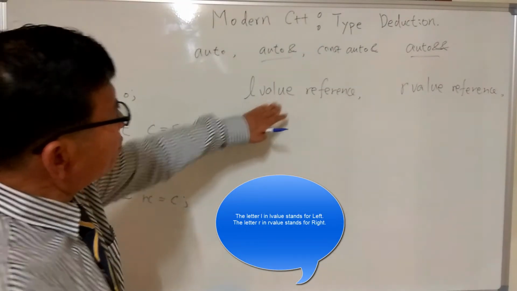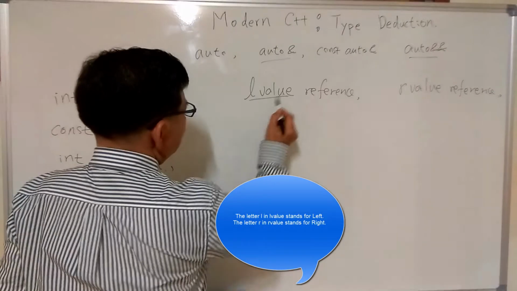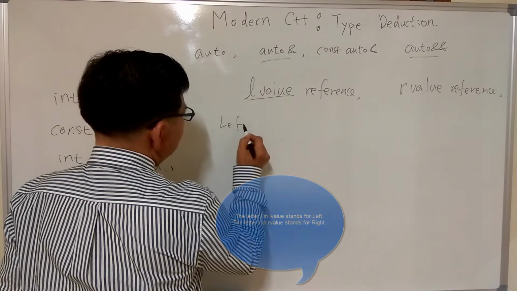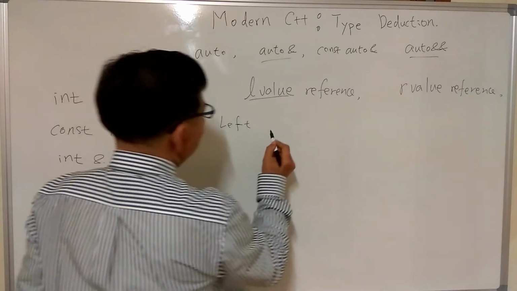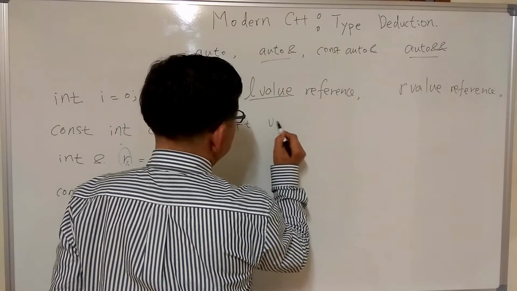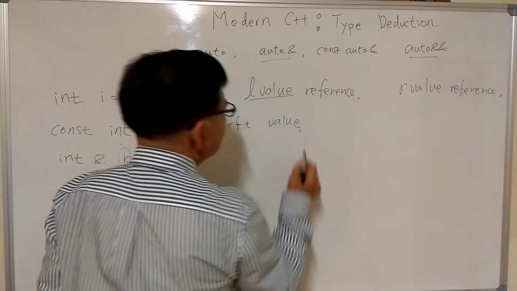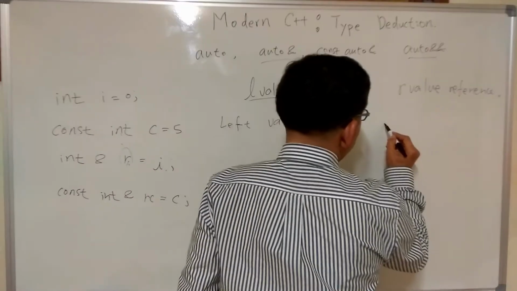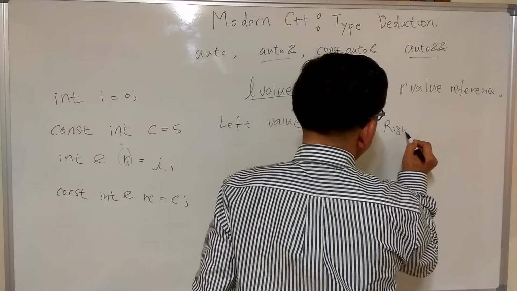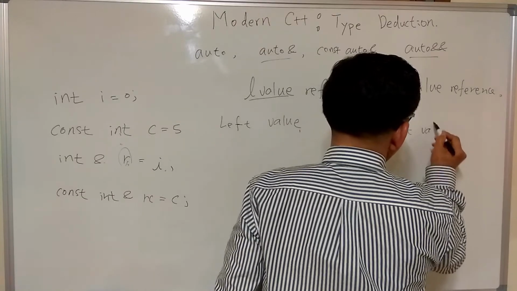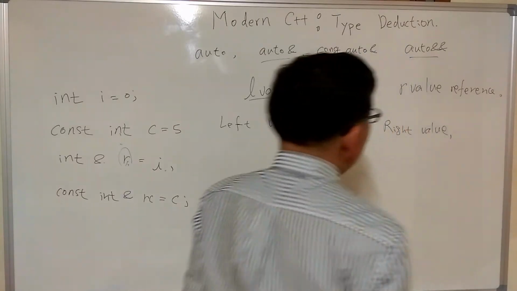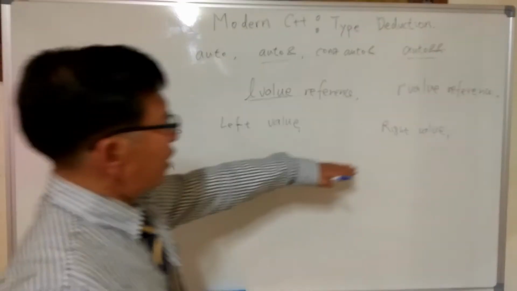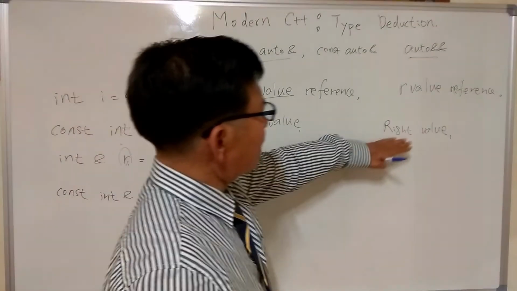Here, L value actually means left value. R value means right value. What is L value? What is left value? What is R value?